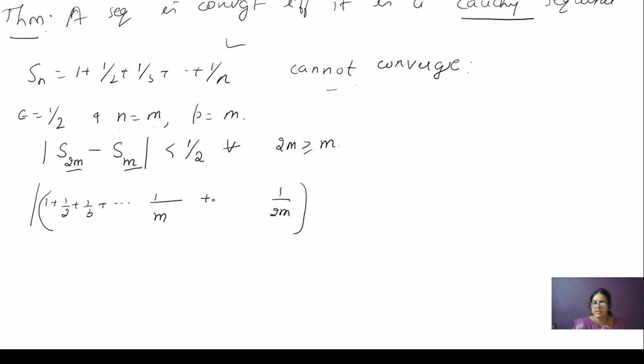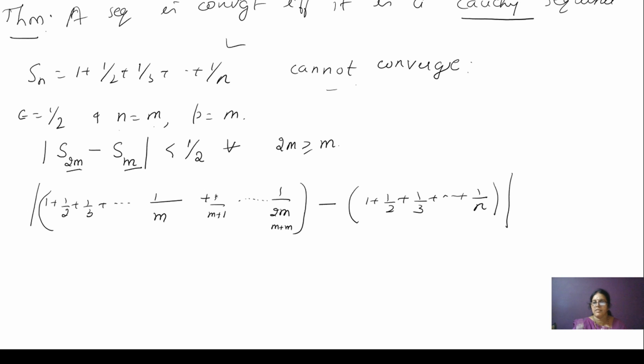So how it reaches 1 by m, then 1 by m plus 1 and etc., up to 1 by m plus m. Similarly minus Sm. So Sm is 1 plus 1 by 2 plus 1 by 3 plus etc. plus 1 by n. So here this is less than which number we shall see.